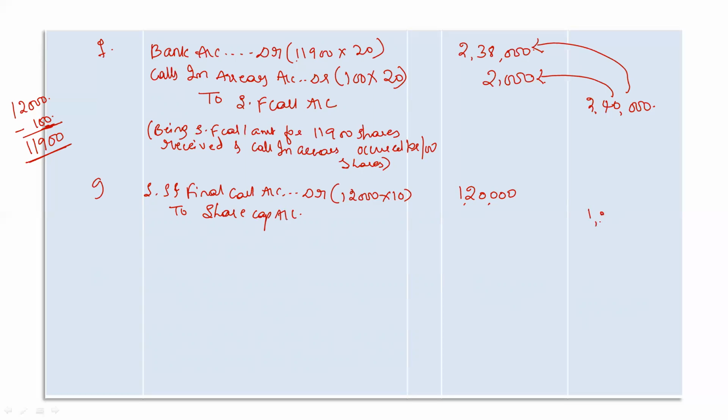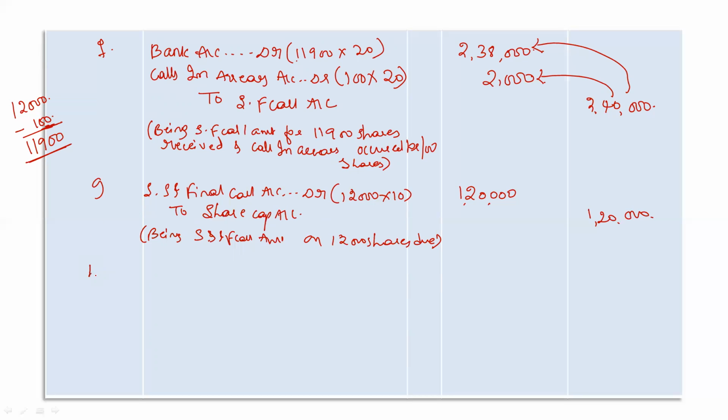You can write the same narration: being shares second and final call amount on 12,000 shares due.